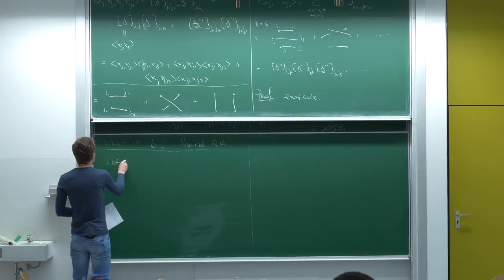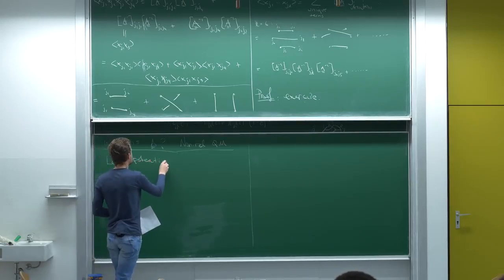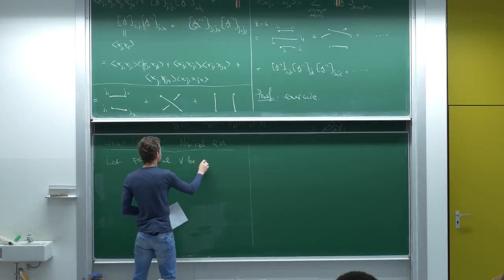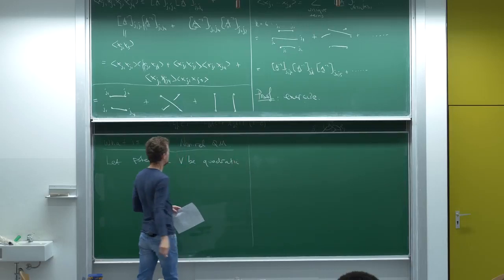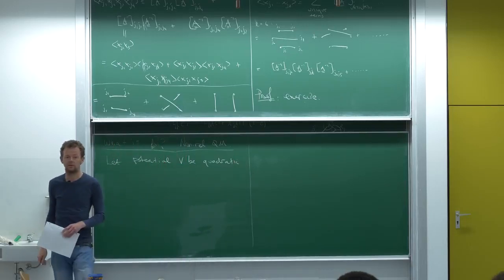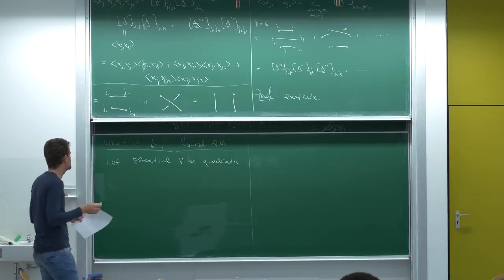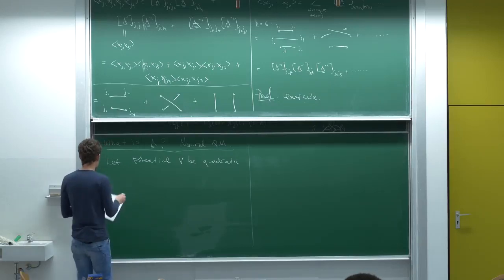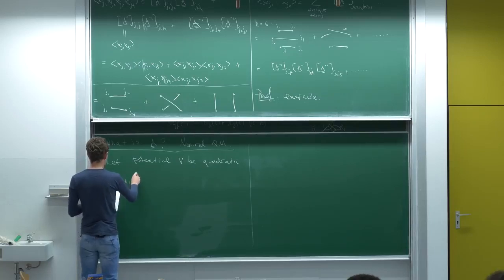So let the potential V for our source classical system be a quadratic function of the canonical variables. Then we had this expression for the propagator for our system.